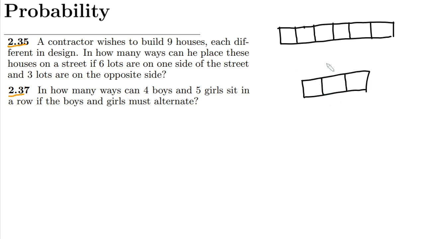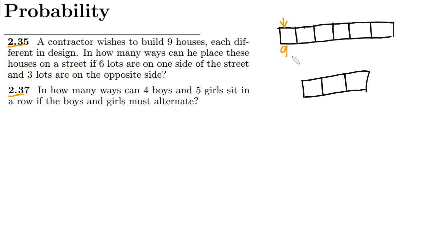So now what do I have to find out? We have to find how many choices he has. Let us first take the house that he wants to build here, and how many choices would he have from the designs? He will have 9 choices, and all the houses should be of different design.